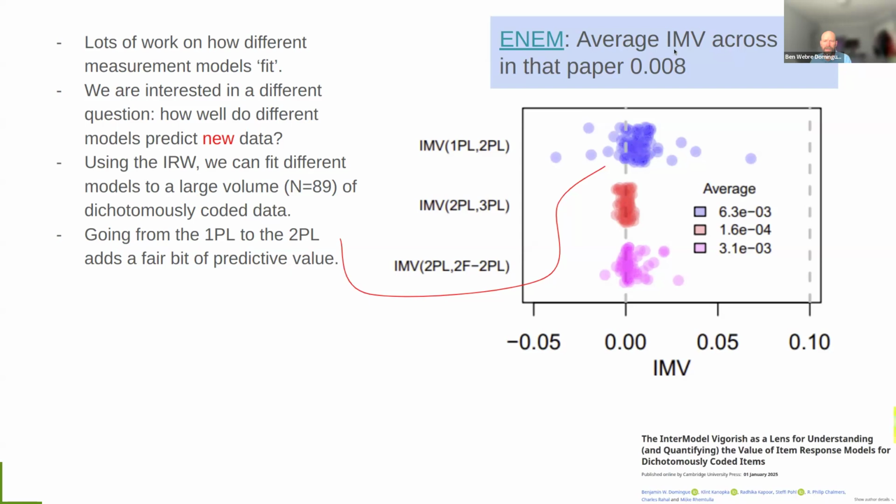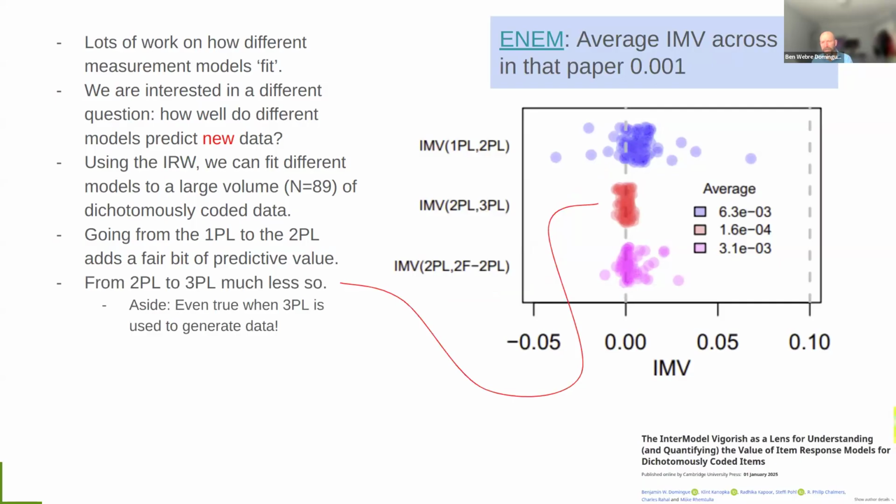I went to the results for this paper and pulled all of our results for the NM data. And when we predict responses from the NM based on the 1PL versus the 2PL, we see an IMV of nearly 0.01, right? So roughly what we saw in simulation from the previous slide, which suggests that there is really substantial variation in the item discriminations in the NM data writ large.